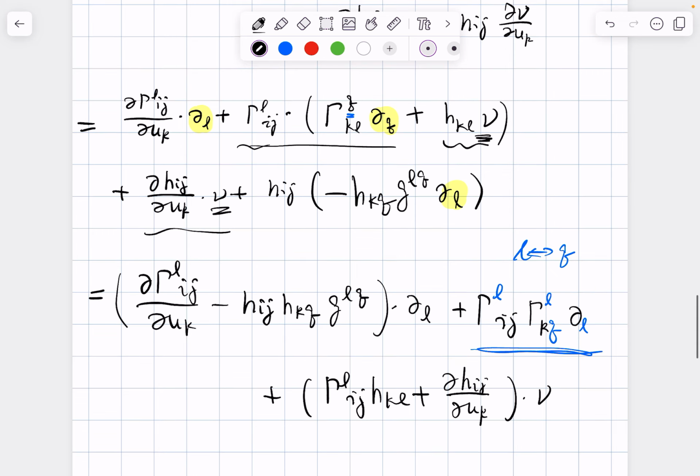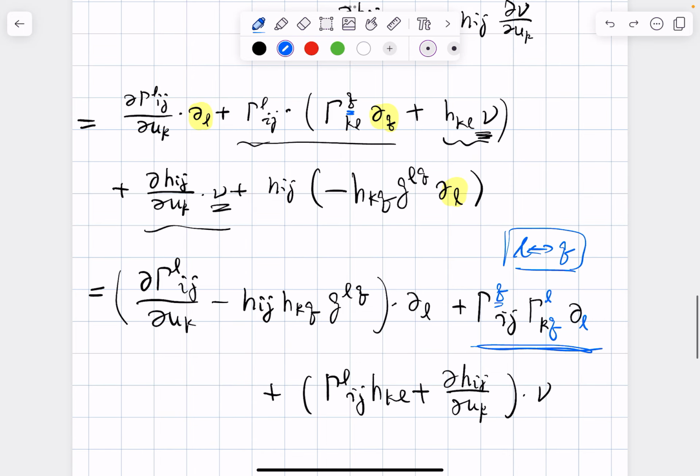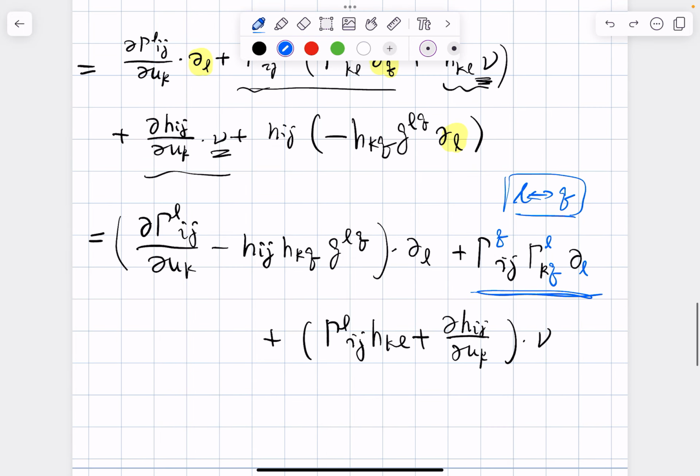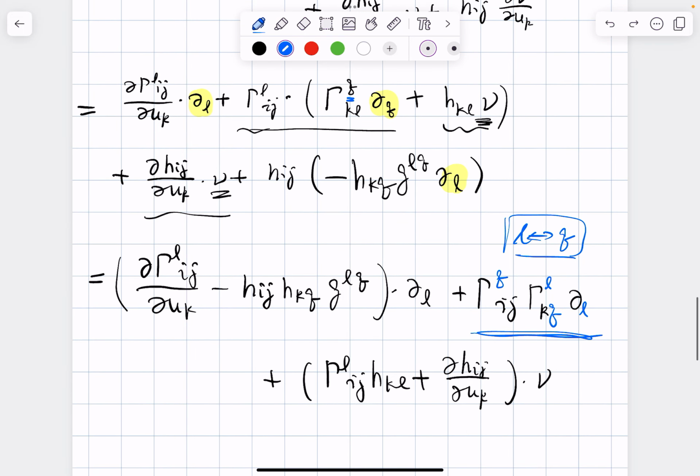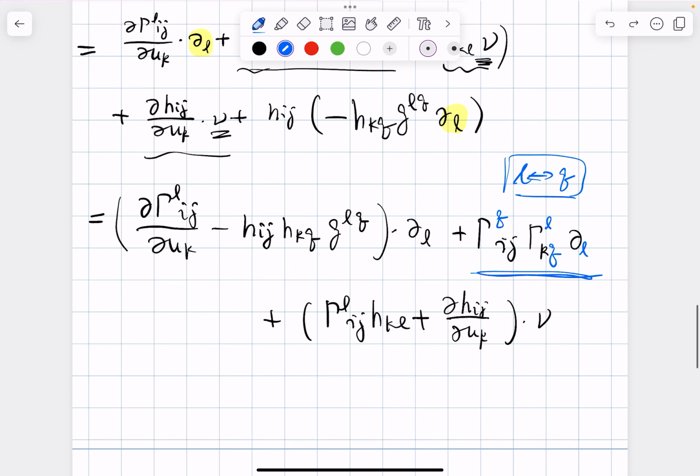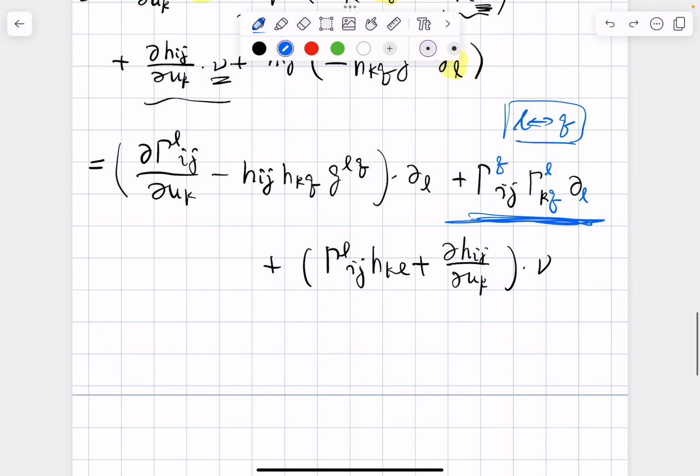Wait, no, it doesn't match. Oh, yeah, now it matches. Basically, you swap l with q, and now you match the upper and lower indices. Now we have this term, and it can be combined into the previous terms.